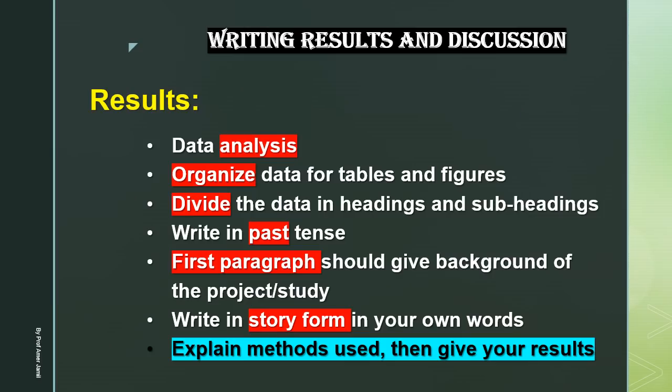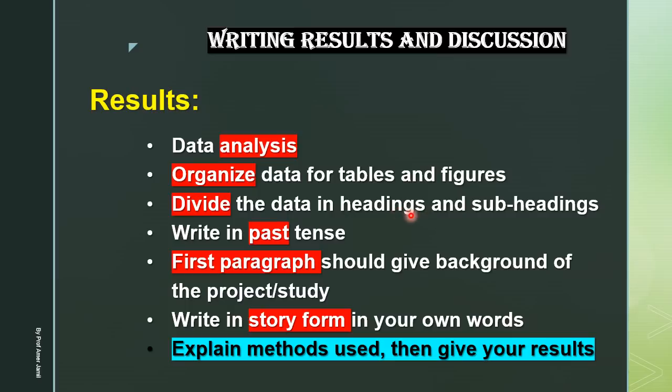Now, to write the results, whether you are writing in a single chapter or in two separate chapters, the results need data analysis first. So you have to analyze the data, organize it in tables and figures, and then divide the data into different headings and subheadings.